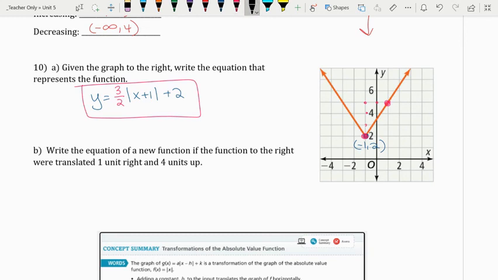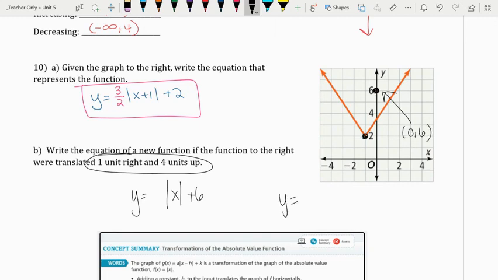For the next part, you can do this multiple ways. What I'm going to think about is moving my vertex. So we're going to look at this graph again, and I'm going to start with my vertex, and I'm going to move it 1 to the right and then 4 units up. So I would be right here. So now I can put together an equation knowing that it would be y equals x and then plus 6 because that vertex is at 0, 6.